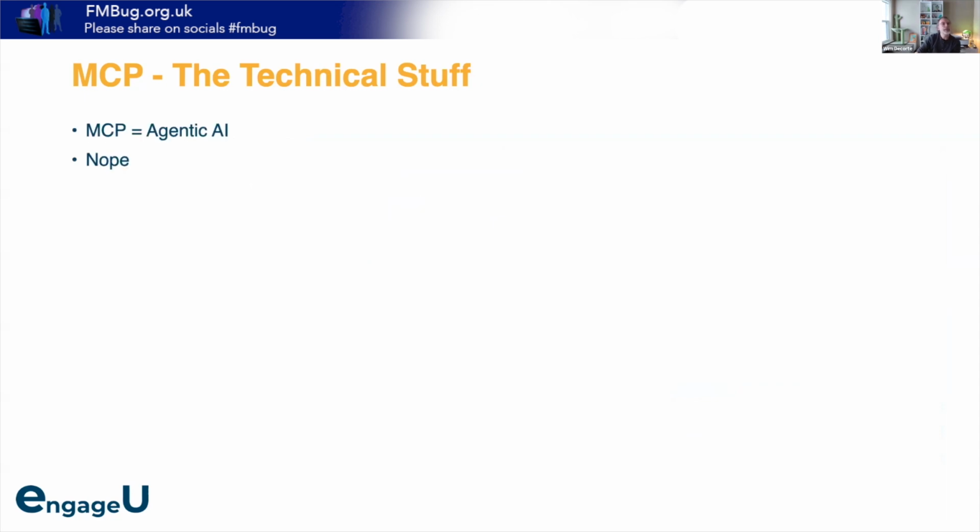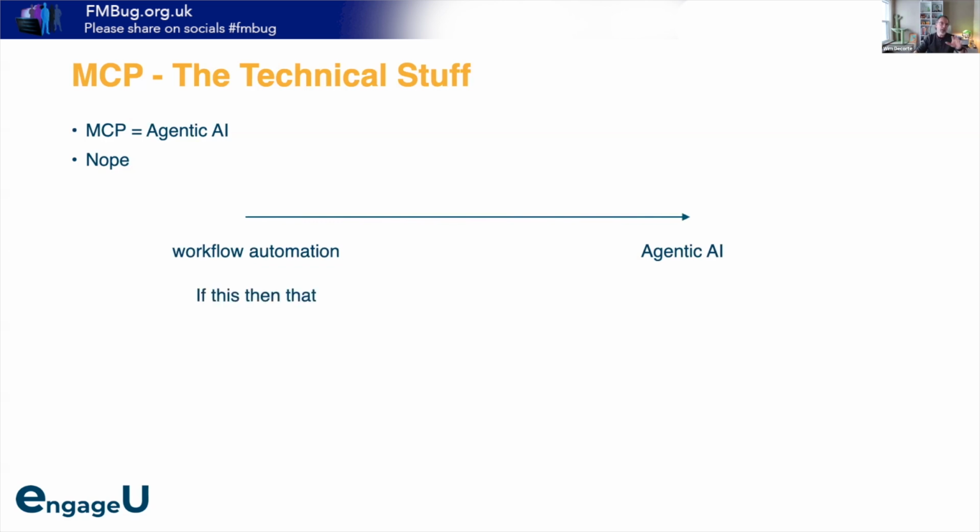I'm going to spend just 1 minute on that. MCP does not make for agentic AI, right? There's a whole spectrum of workflow automation to agentic AI stuff. Think of it this way, right? A workflow automation is if something happens, then I will make something else happen. Whereas agentic AI is way more complex than that, right?